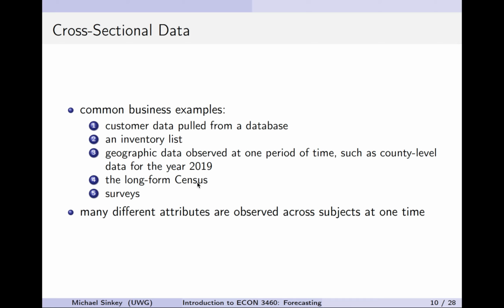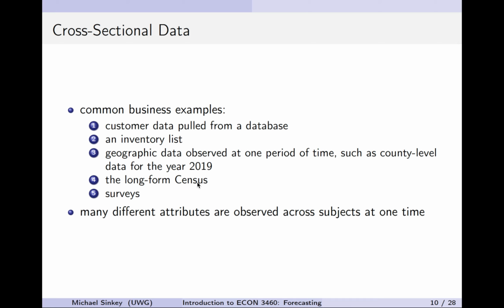They may know the website that linked you to the purchase page. So if you went to their purchase page from Twitter, they may know about that. They may know previous purchases. They may not. So I could think of that data as being cross-sectional.